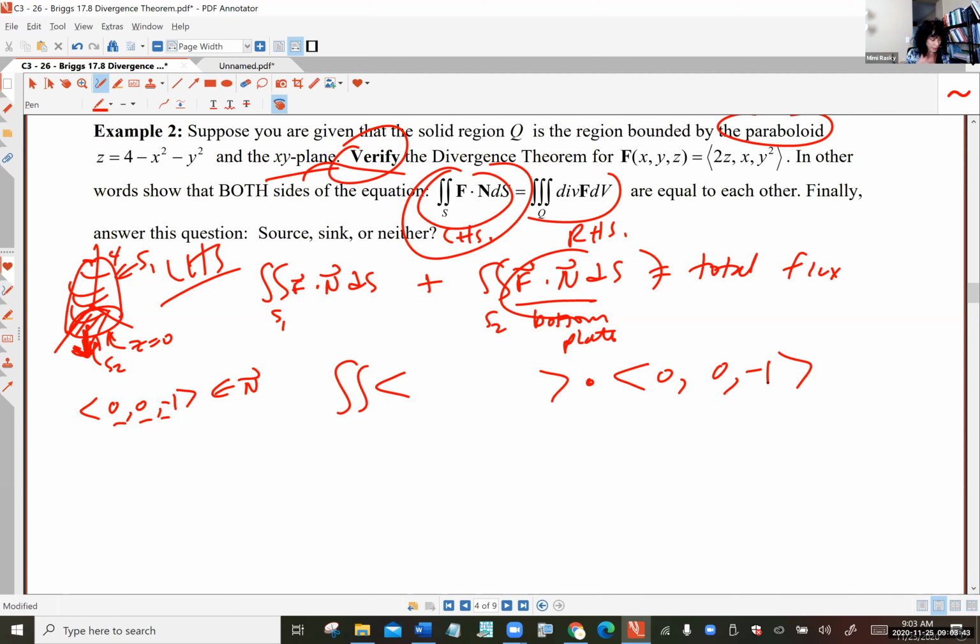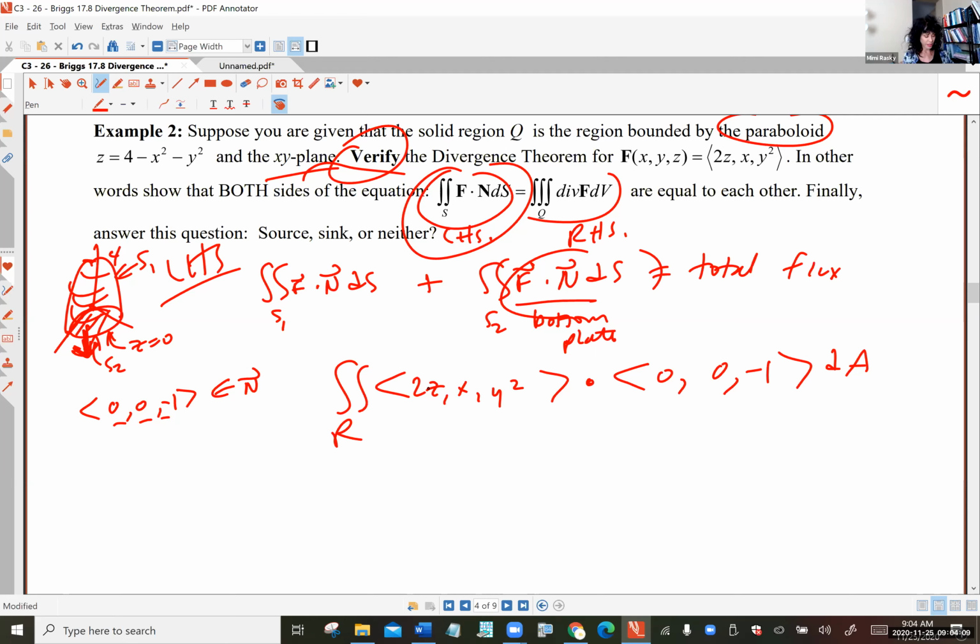So this is what you're going to integrate over the region. And then your vector field is 2z, x, y squared. Normally when you do one of these flux integrals, because it's a double integral, every time I see the z, I blow a gasket, because you're supposed to replace the z with something involving x's and y's.